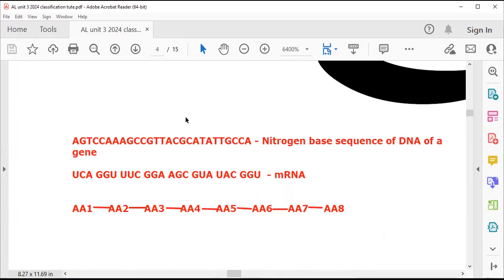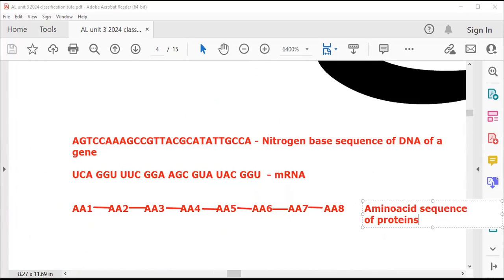You have to understand, this is the amino acid sequence of protein. Understood? Amino acid sequence of protein.